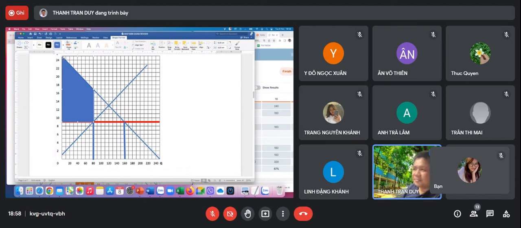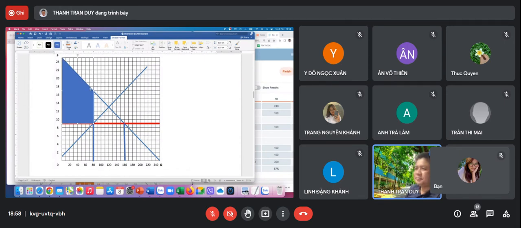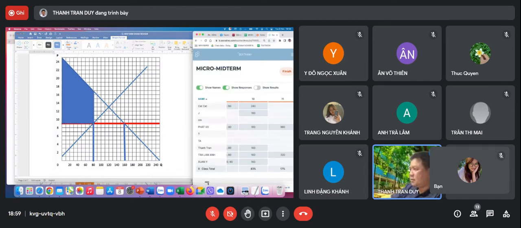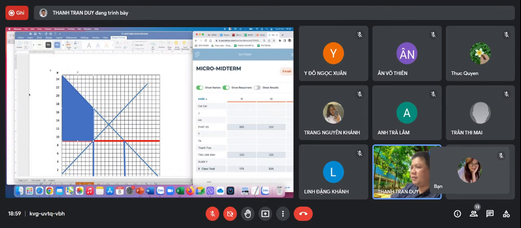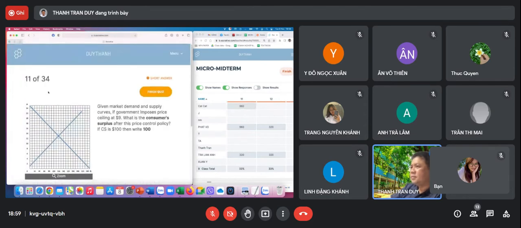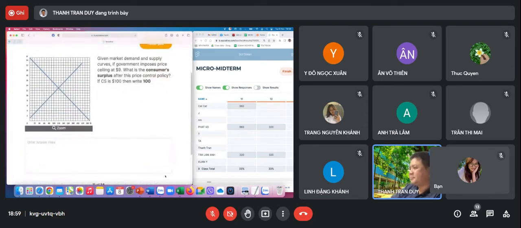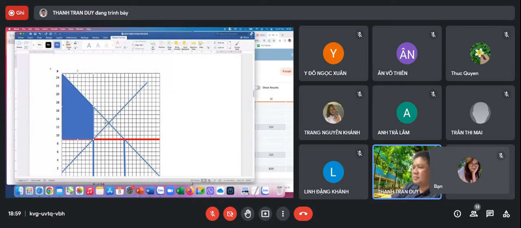How much is this area? Can you calculate this area? This is question 11, right? How to calculate this one?